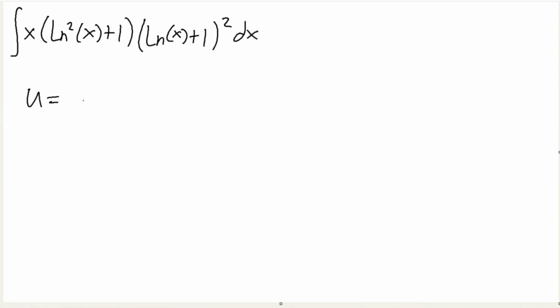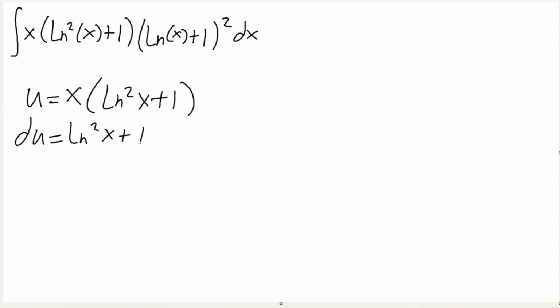what I would do is let u equal this. Now, this is very hard to see. I understand, you're probably thinking, how the hell? What is the motivation behind this? Well, it's mainly because I've been integrating a lot. But here, when you do du, if we do product rule, you get ln squared plus 1.